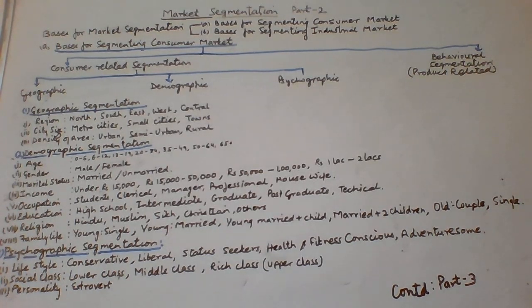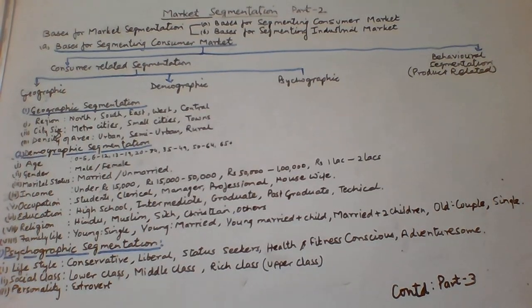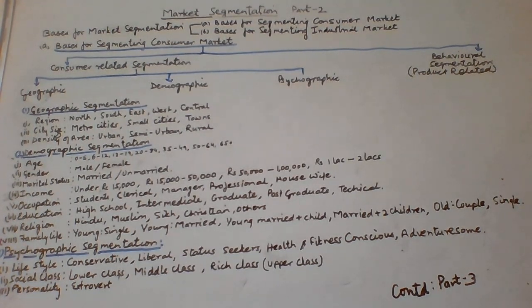If the person is outgoing, an extrovert, it becomes easy, because as a customer he or she explains to the researcher or the salesperson what he or she requires. But with an introvert, it is very difficult, and a lot of effort has to be made by the salespeople of a company.